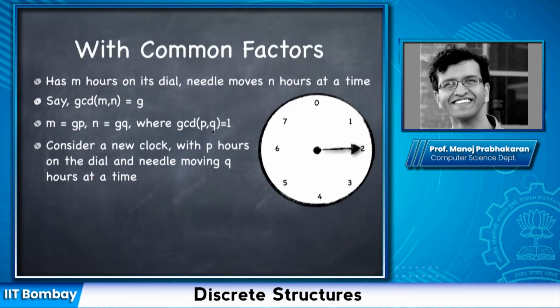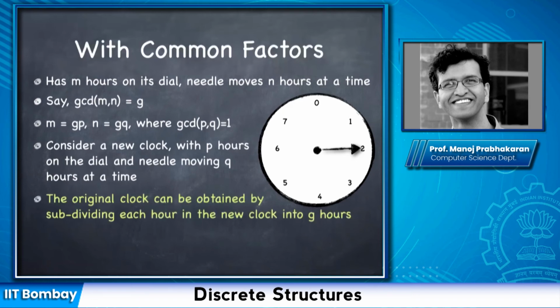And I built this clock after you told me what m and n are and what their GCD is. I built a clock with p and q there, such that p and q are co-prime with each other. Now in this clock, the needle does hit every hour, right?